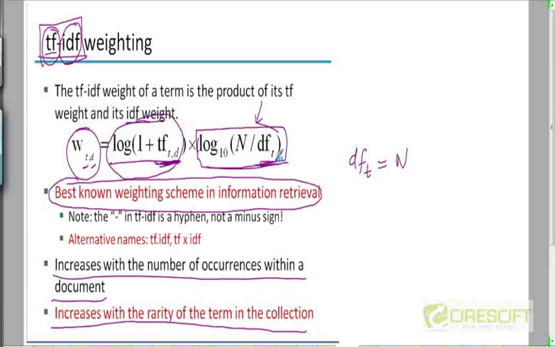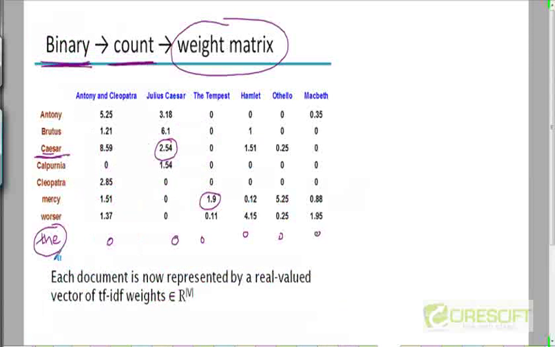So because this one just depends on the term, when we plot the IDF scores, that will be the same across all documents for a given term like this. And so the TF-IDF scores will also be 0, because it's the product of the TF score and the IDF score, and the latter is 0. So in this weight matrix now, you can think of the document as represented by a vector of TF-IDF weights.